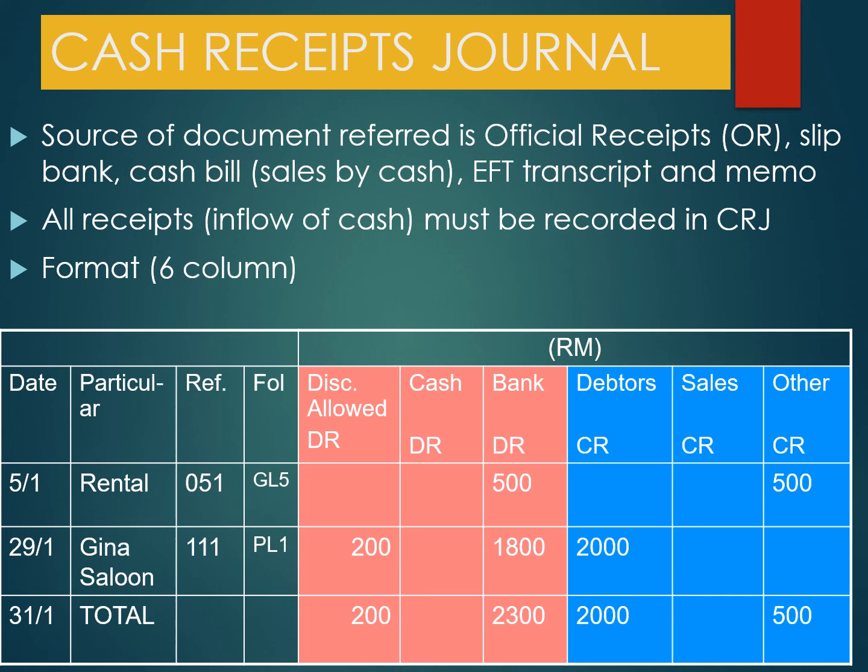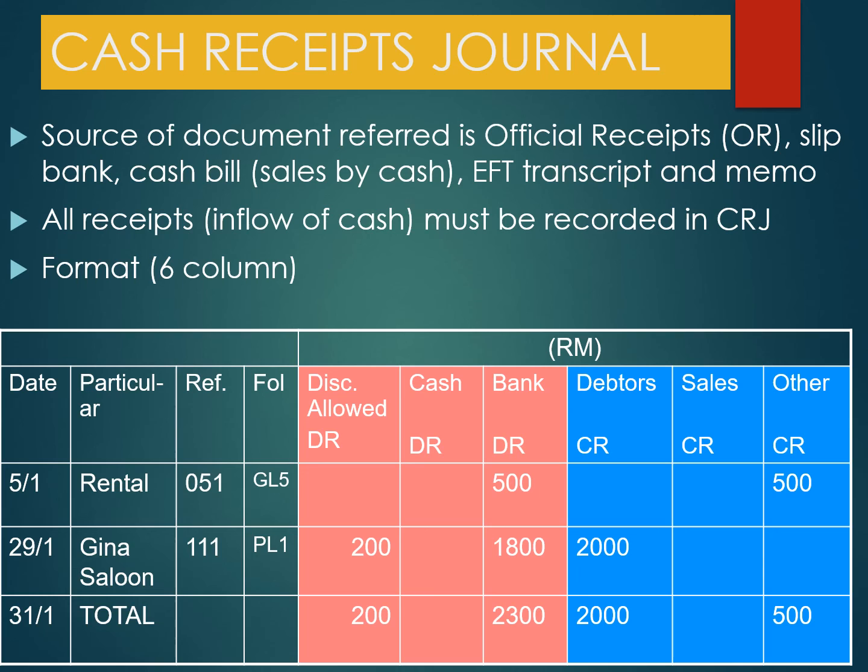If you can see here, this column is put DR means debit, and the three blue columns we put credit because there's a column of debtors or account receivables, sales, and others.